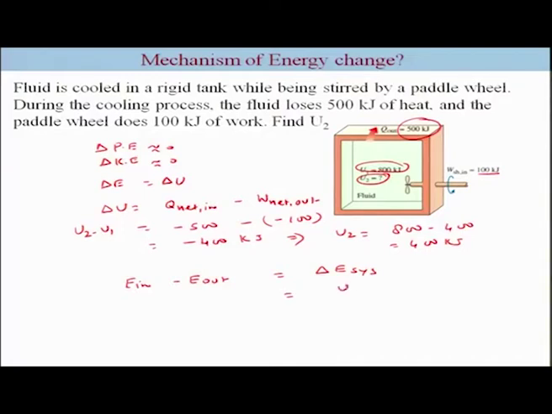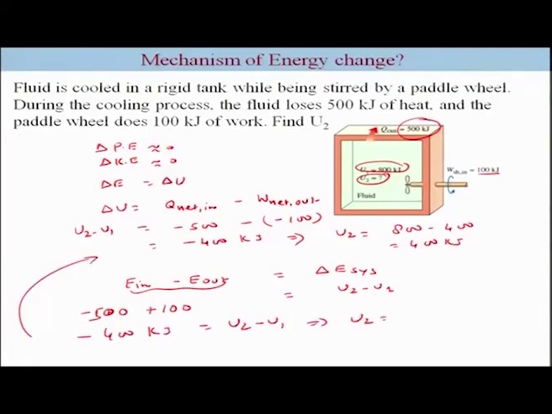So delta E system is of course U2 minus U1, and net heat in is again minus 500, net work in is 100. So in other words, this is minus 400 kilojoules, which is U2 minus U1, and this is the same as before. So this also gives us 400 kilojoules.